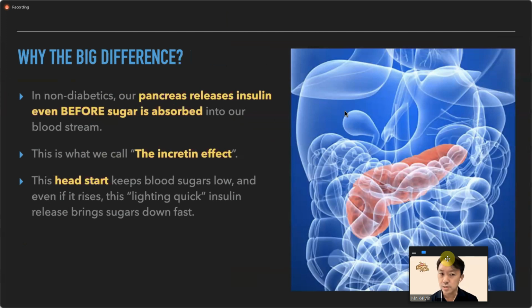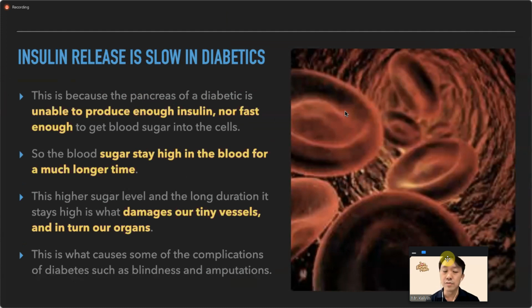Why the big difference? In non-diabetics, our pancreas releases insulin even before sugar is absorbed into our bloodstream. This is what we call the incretin effect. This head start keeps blood sugars low, and even if it rises, this lightning-quick insulin release brings sugars down fast. Insulin, however, is released slowly in diabetics.